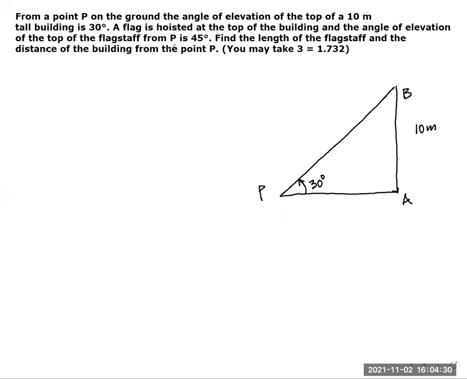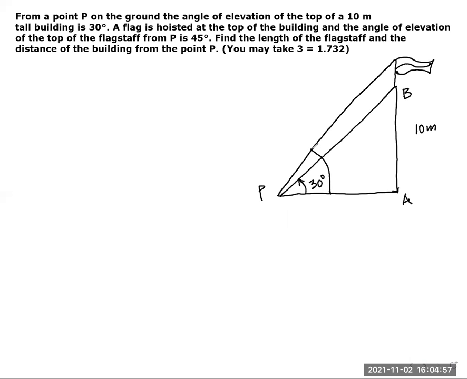A flag is hoisted on the top of the building. So let us say this is the flag which is hoisted on the top of the building. Now the angle of elevation of the top of the flagstaff means this angle.